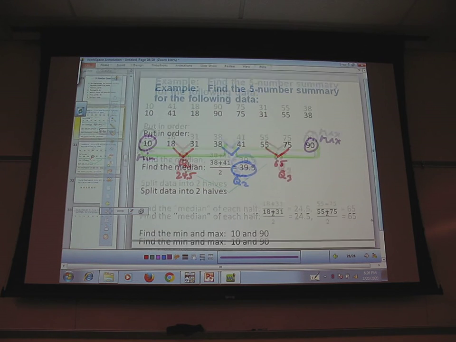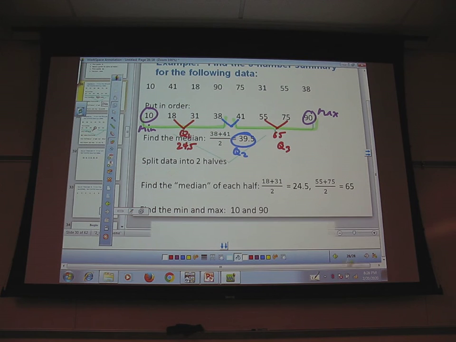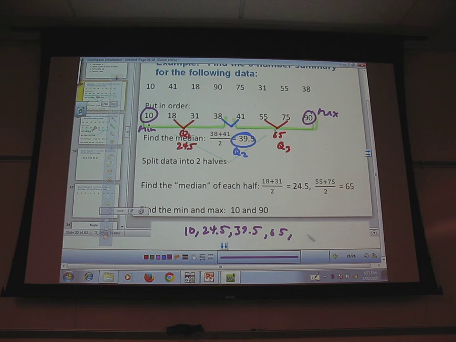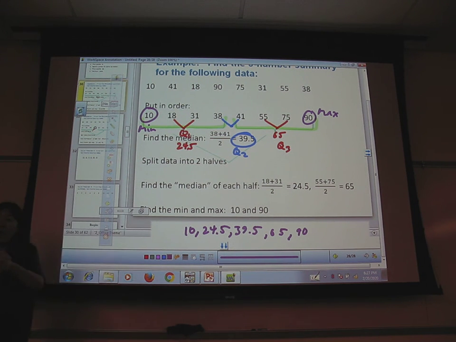So here, my 5-number summary would be 10, 24.5, 39.5, 65, 90. Right, so again, remember if you're finding the median of an even number, you have to take the two middle ones and average them, because two of them are tied for the middle.